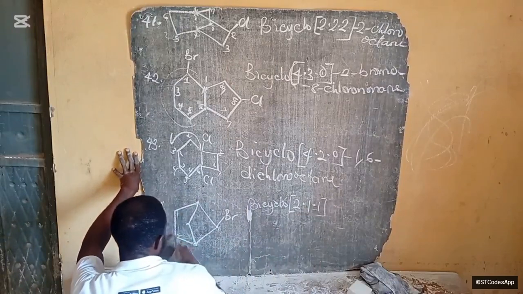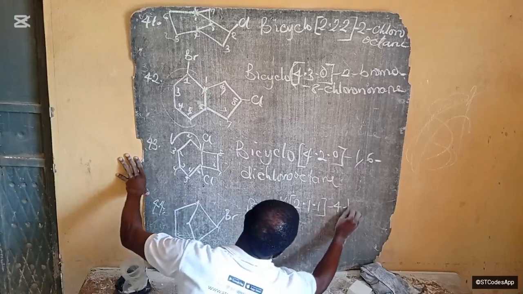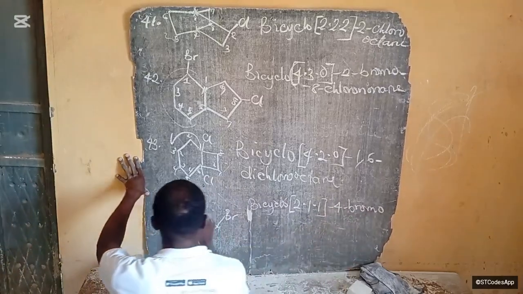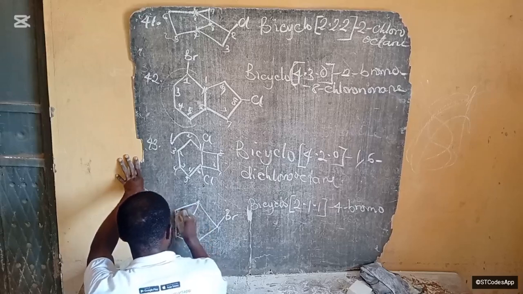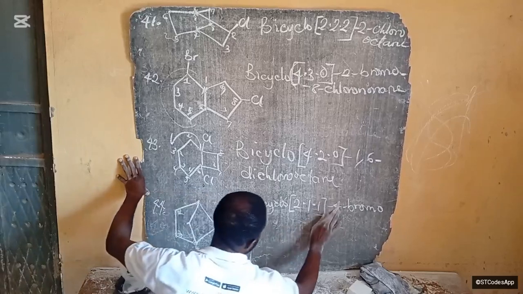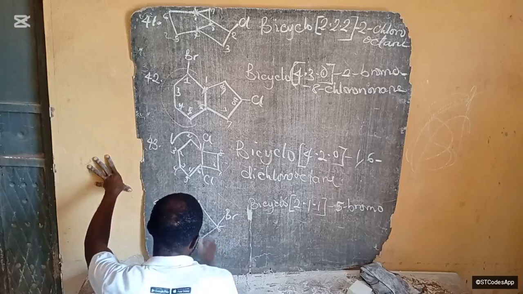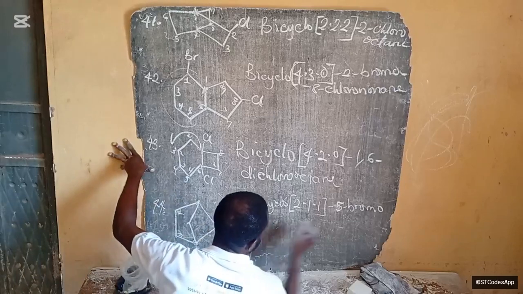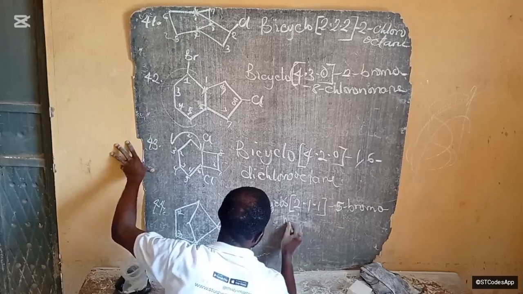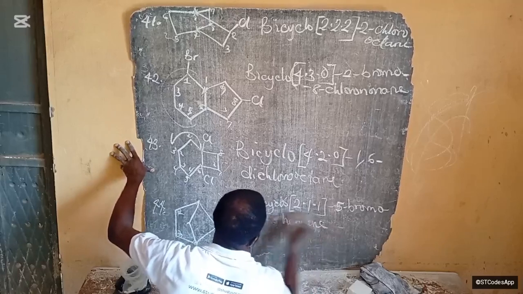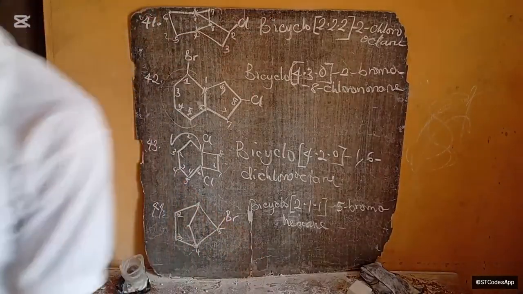If we go in this direction, that will be 1, 2, 3, 4, 4-bromo. Or 1, 2, 3, 4, 5, 5-bromo. Always count from the bridgehead carbon. Then 6, hexane, sorry. Hexane. That's from exhaustion, sorry. Alright, let's go to the next one.